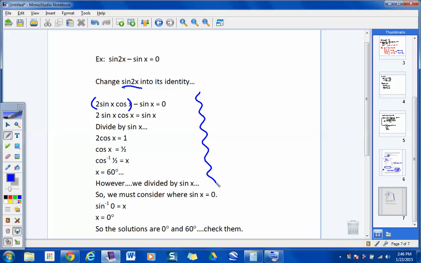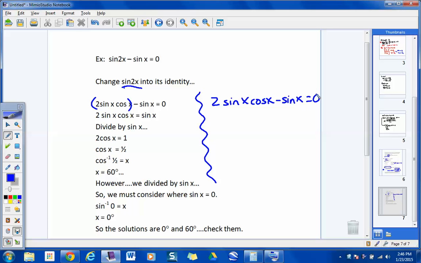I would factor out a sine function. In this right here, you have 2 sine of x cosine of x minus sine of x. I don't like the way this is written. I'm going to change this to the following: 2 sine of x cosine of x minus the sine of x, still equal to what value, kiddos?